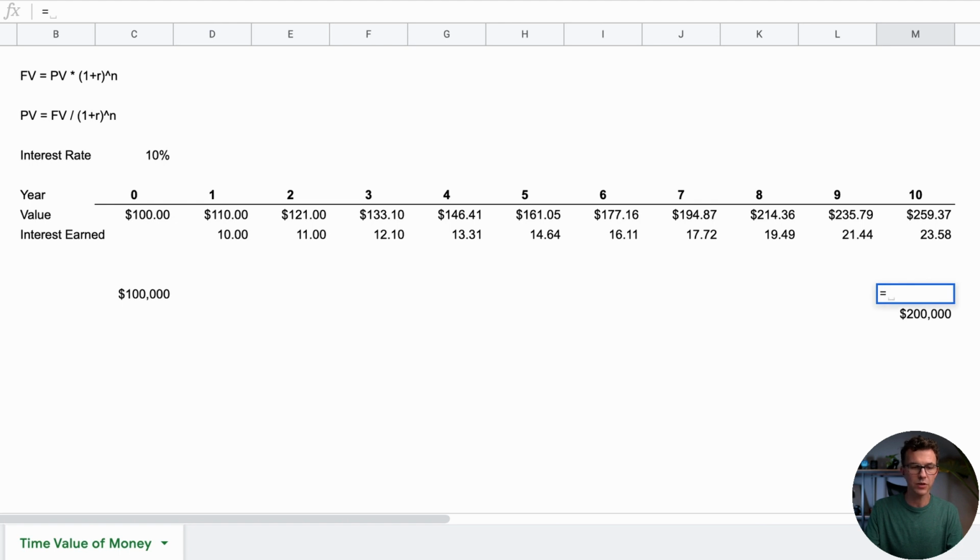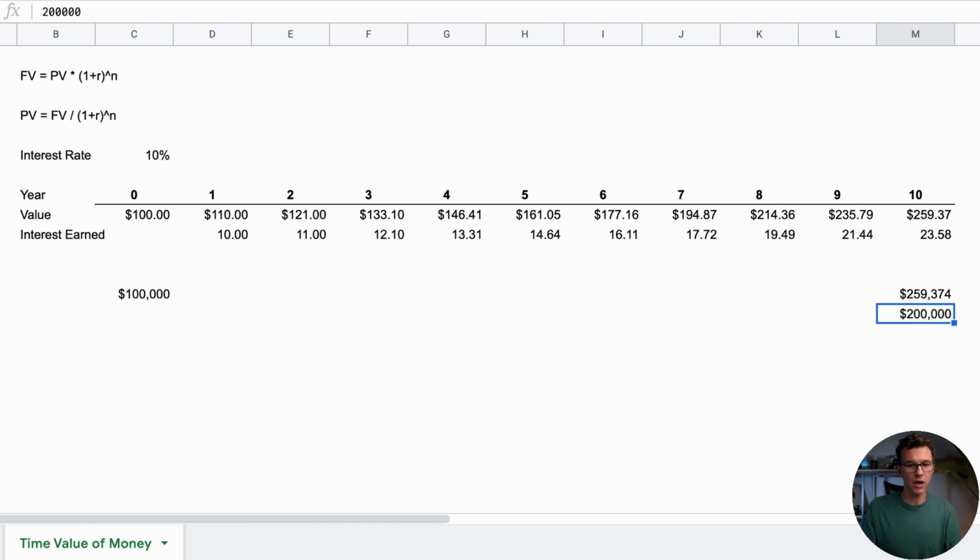To calculate the future value of $100,000, we take the present value and multiply it by 1 plus the interest rate to the 10th power. You can see here $100,000 in 10 years at a 10% rate of return gives you $259,374, which is greater than $200,000. This would be a better choice if you could have a 10% return.